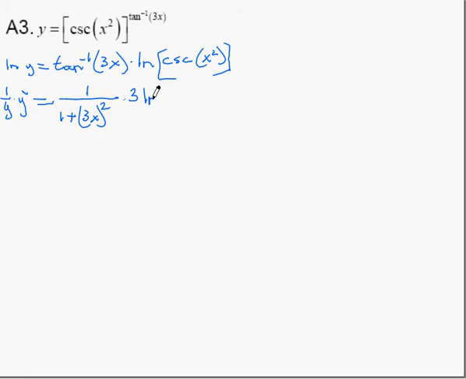Keep the second part, so that's ln of cosecant of x squared, plus keep the first, so that's tan inverse of 3x, multiplied by the derivative of the second. The derivative of this is 1 over cosecant of x squared, multiplied by the derivative of cosecant x squared, which is negative cosecant cotan.